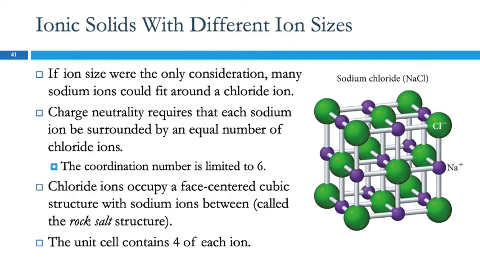So in sodium chloride, the sodium ions are a lot smaller than the chloride ions. And so if these were just like marbles or something, we could get a whole lot more in there than this structure. But because of charge neutrality, we have to have an equal number of sodium ions and chloride ions. And so the chloride ions here are going to occupy a face-centered cubic structure.